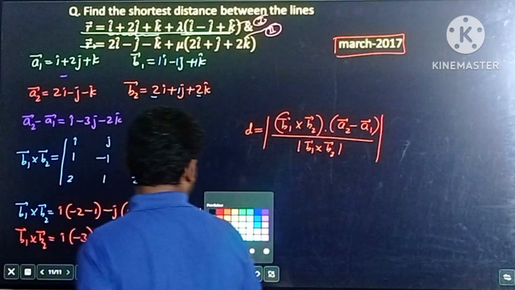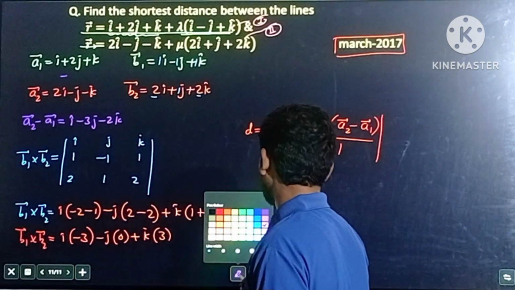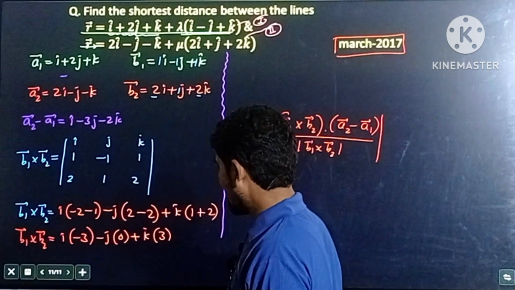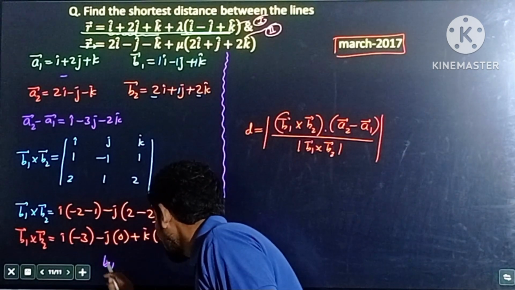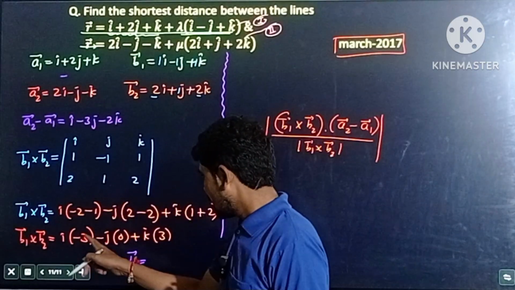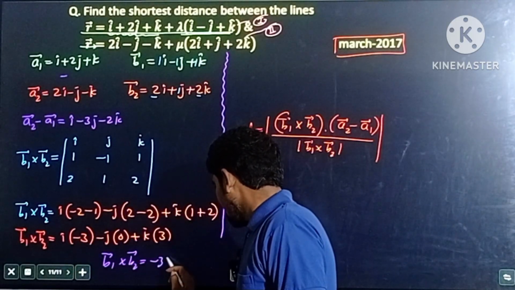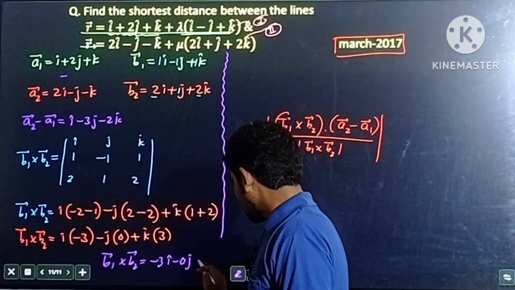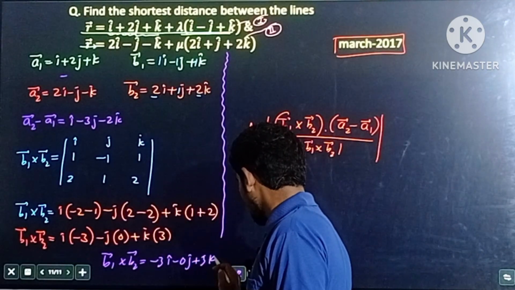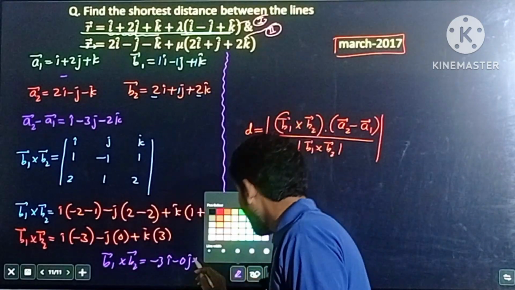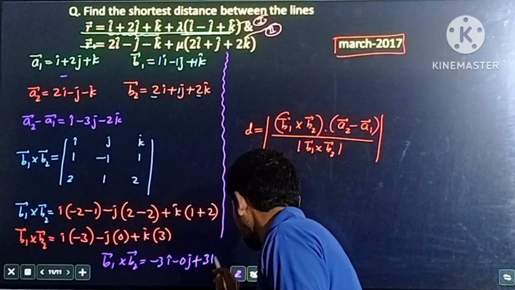Hence, the required b1 vector cross b2 vector is equal to minus 3i minus 0j plus 3k.